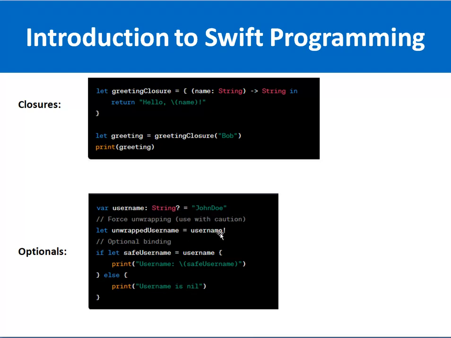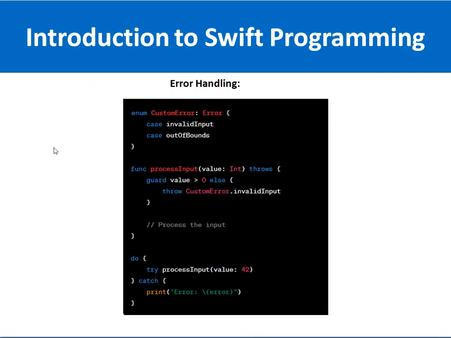So unwrapped username: if let safeUsername equal to username, print safeUsername, else print username is nil. So if there is any variable for which you are not sure whether it has a value, it could be a null value as well. So you can use the concept of optional here.